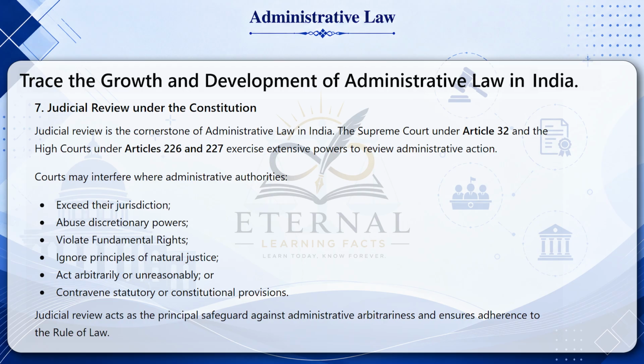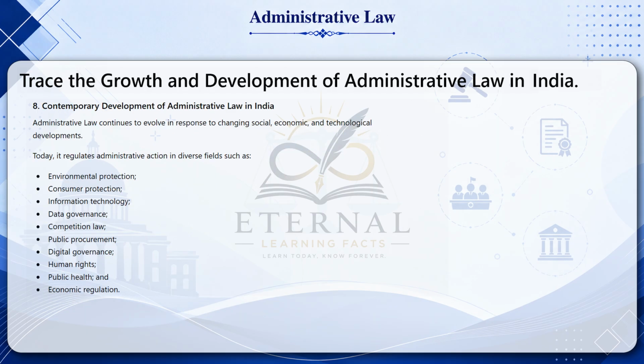Courts may interfere where administrative authorities exceed their jurisdiction, abuse discretionary powers, violate fundamental rights, ignore principles of natural justice, act arbitrarily or unreasonably, or contravene statutory or constitutional provisions. Judicial review acts as the principal safeguard against administrative arbitrariness and ensures adherence to the rule of law.